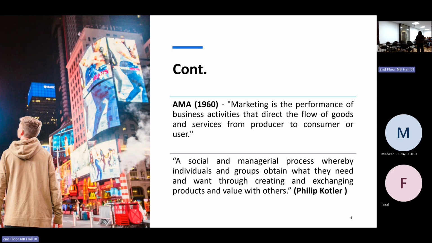Yes. So it mainly includes two key points. One is to identify and satisfy consumer requirements. Another is that it is done to make a profit for the company. Those two key points are there. I will list them down here.